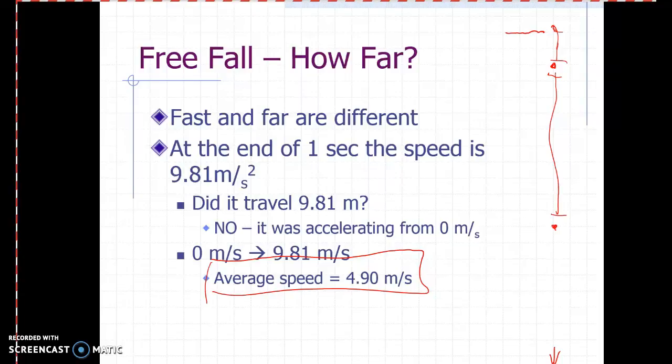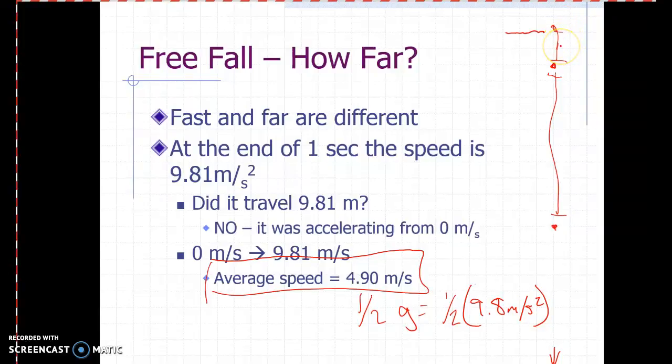Okay, how do we apply that? Well, this is going to help us determine, because 4.9 is 1/2 of gravitational pull, or 1/2 of 9.8 meters per second squared, okay? And then we know the distance is going to be exponential.